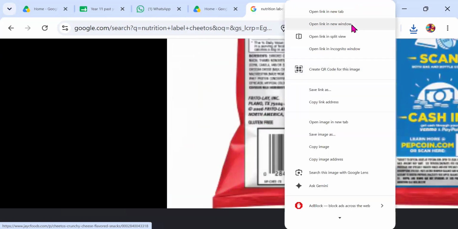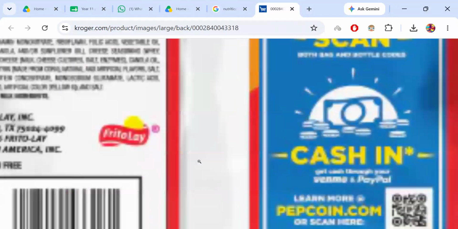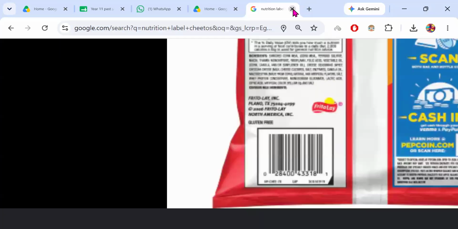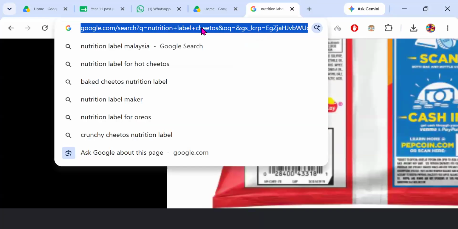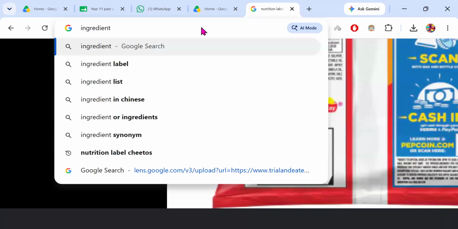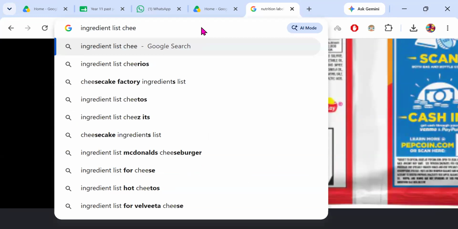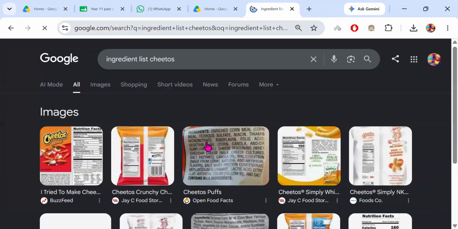I cannot make it big. Aiyo, so blur. Okay. Ingredient list. Cheetos.